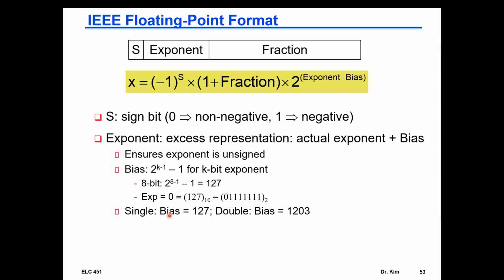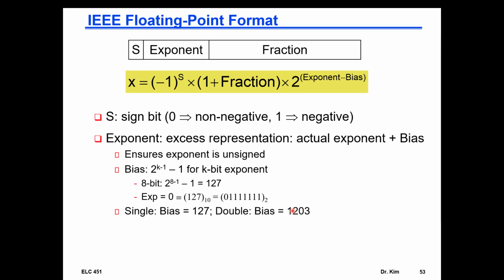So for single precision, the bias is 127. And for double precision, the bias is 1023. This is a typo here, okay? The numbers in the middle are reversed. It's 1023.